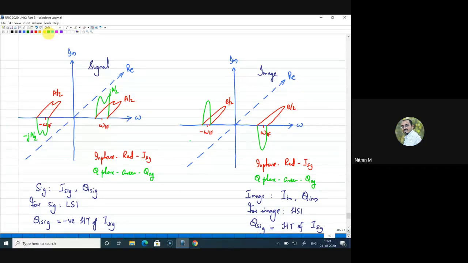Can you tell me what the amplitude of these Q components will be? Can I get a response in the chat box? Amplitude of these green components, what you can see. Yes, minus jb by 2 and plus jb by 2. Very true. So it is minus jb by 2 and this is j into b by 2.